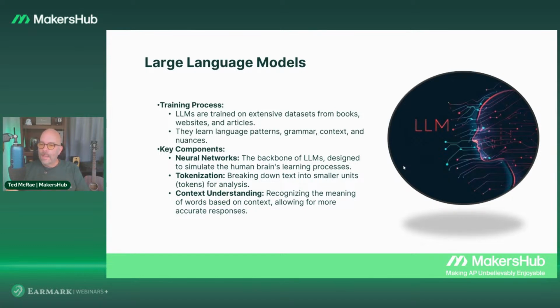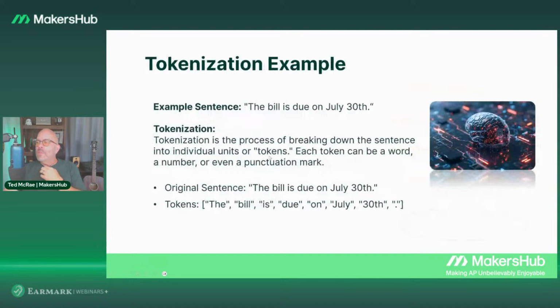So tokenization breaks it down into small units, and after it analyzes those units, it puts it in context and indexes it for understanding. So then it recognizes the meanings of the words based on the context that it sees. So let's take some examples of tokenization.